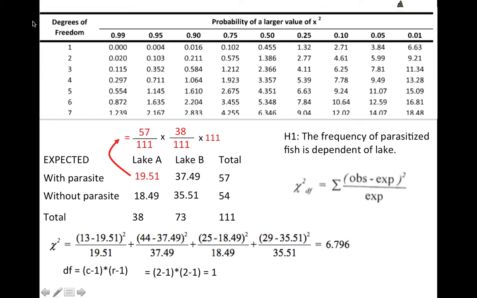Now we look in our chi-square table at 1 degree of freedom, and we find our critical chi-square value for 5%, which is 3.84. And our chi-square value is higher than this, which means that we have a significant p-value. In fact, our chi-square value is higher than the chi-square value for 1%, so our p-value will be lower than 1%.